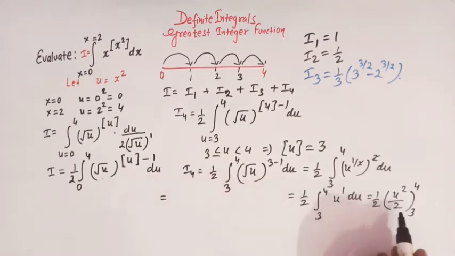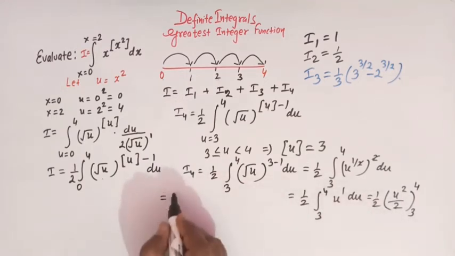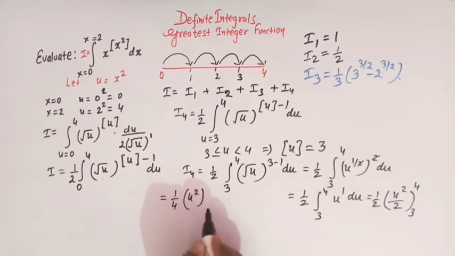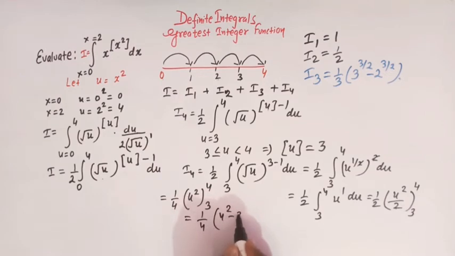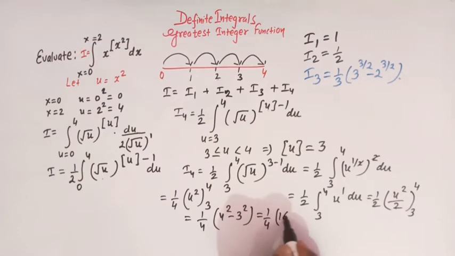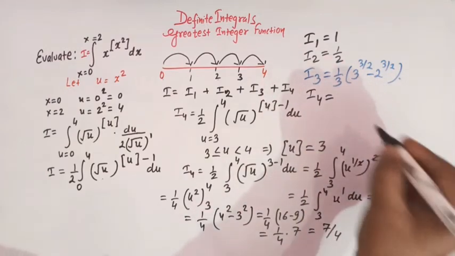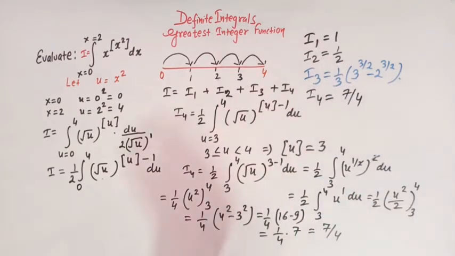So now we can take this to outside, so we have 1 over 4, and here we have u square, limits are from 3 to 4, we have 1 over 4, we have 4 square minus 3 square, and this is 1 over 4, 16 minus 9, that is 1 over 4 times 7, and this is 7 over 4, right? So the value of I4 is equal to 7 over 4, right?